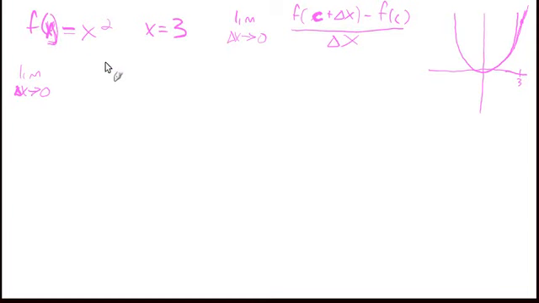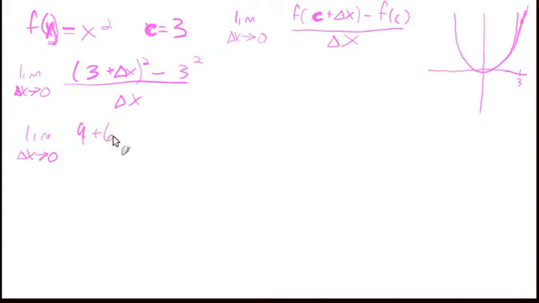So f of c plus delta x would be, because now we're saying this is c, 3 plus delta x squared minus f of c, that would just be 3 squared, all over delta x. The limit as delta x approaches 0 of, foiling this out, 6 delta x plus delta x squared minus 9 over delta x.